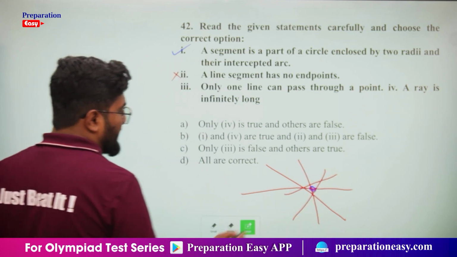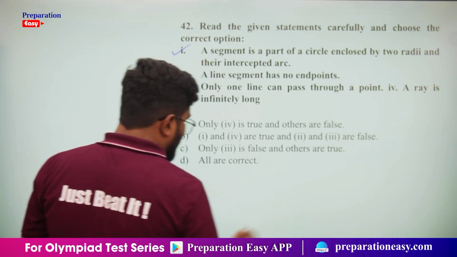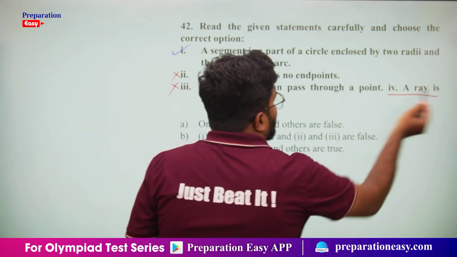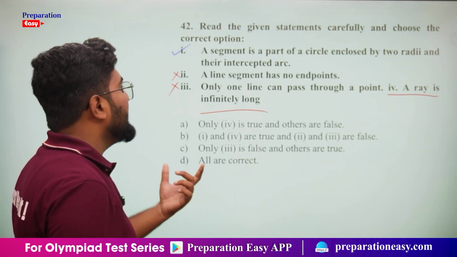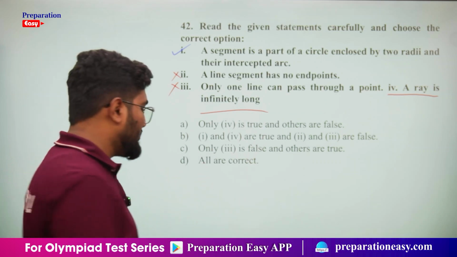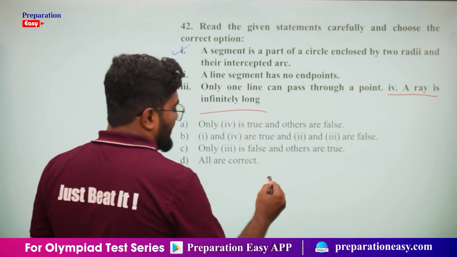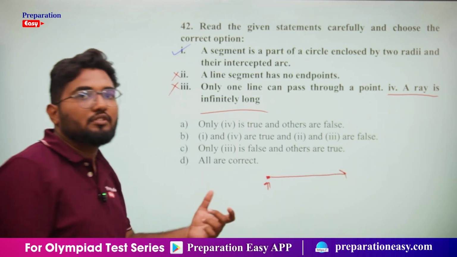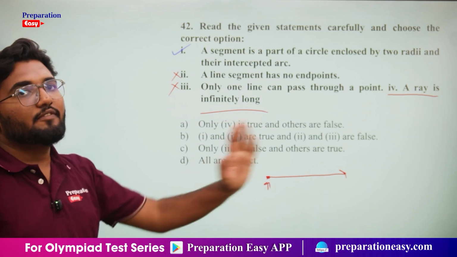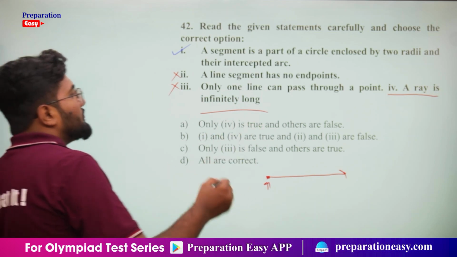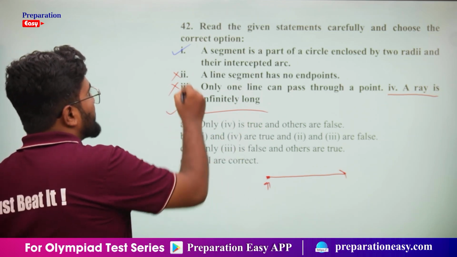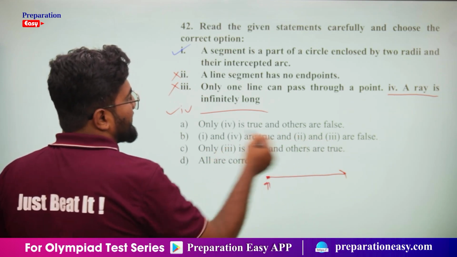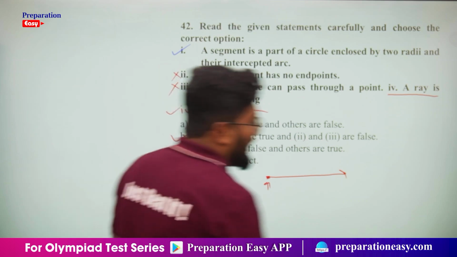So the third statement is also wrong. Here is the fourth statement. A ray is infinitely long. Yes, a ray can be infinitely long. Just the starting point is constant and it can move infinitely. So the fourth statement is correct. Only 1 and 4 are true and second and third are false. Option B would be your answer.